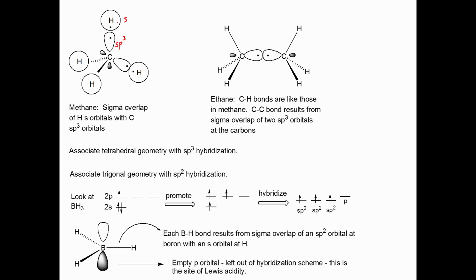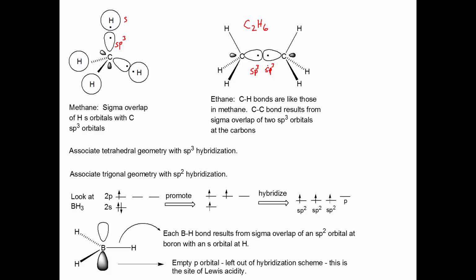The molecule over to the right is called ethane. It's the second simplest organic compound, C2H6. It contains 2 carbons, and our CH bonds are made up exactly the same way as in methane over to the left, but the CC bond results from overlap of an sp3 orbital at one carbon with an sp3 orbital at another carbon.